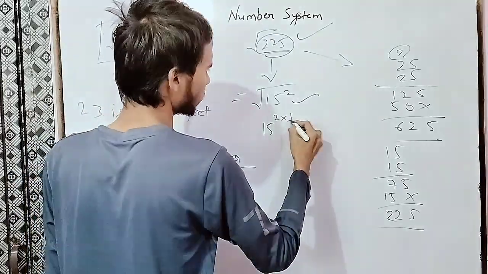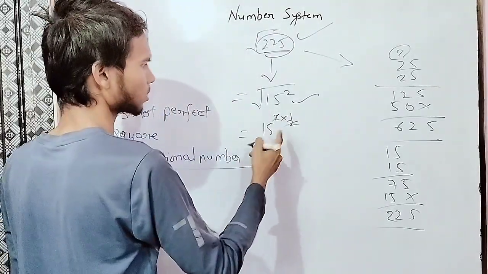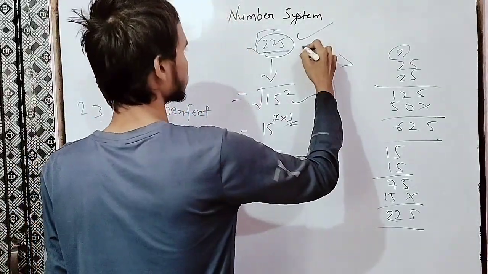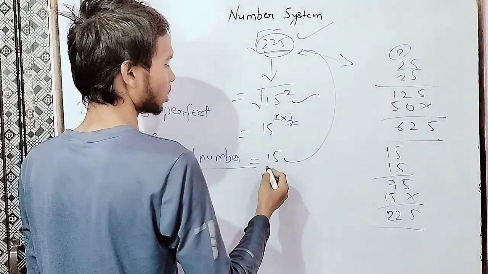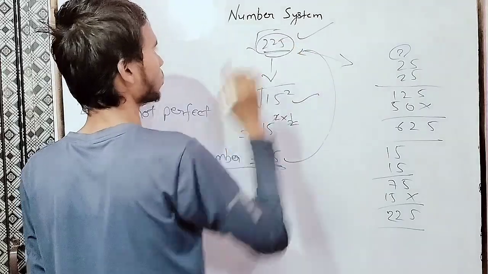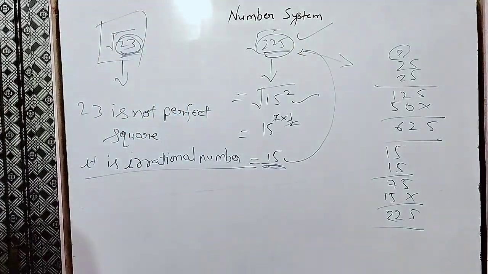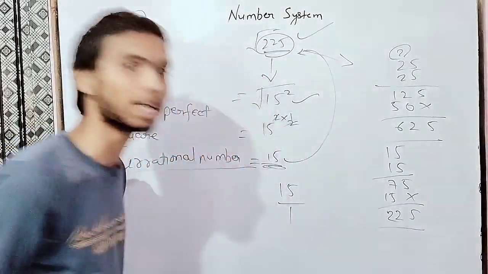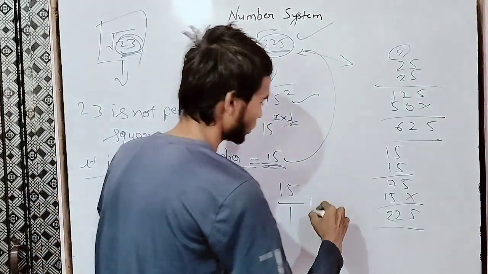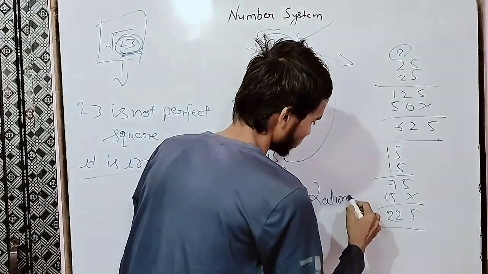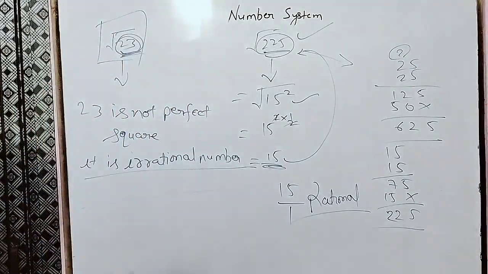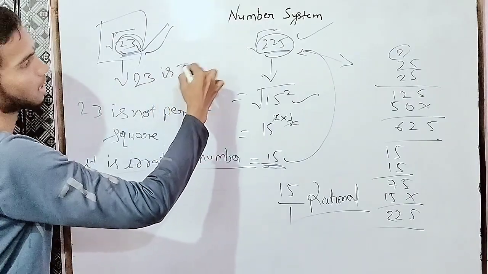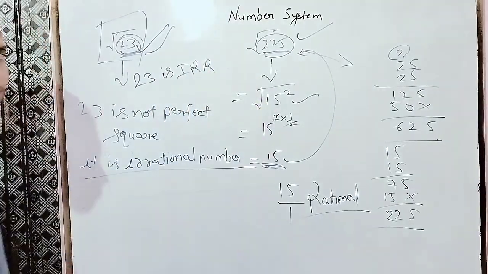So after cutting it will be 15. So 15 is an integer. 15 is a rational number. So it is rational. And this was irrational, 23 is irrational. Clear?